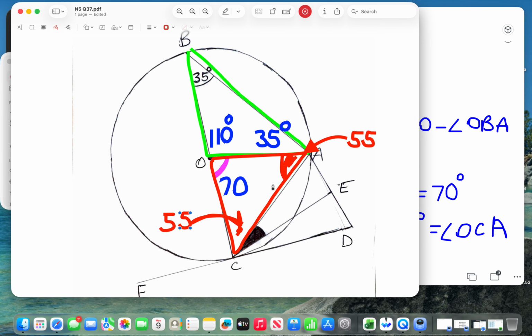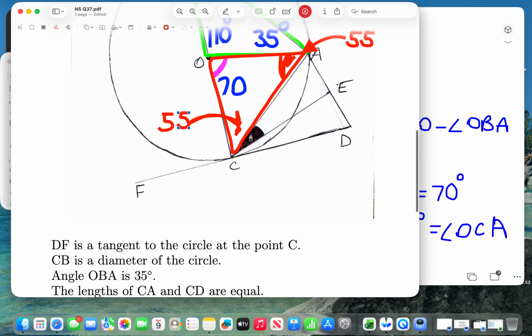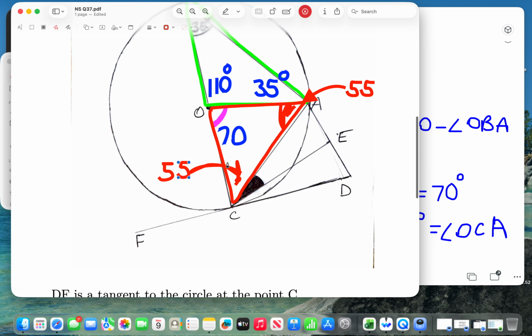But then we have that FD is a tangent, meaning that this angle must be 90. So the angle OCD, O is the centre, C is the point at which FD is a tangent, so the angle OCD is 90 degrees.